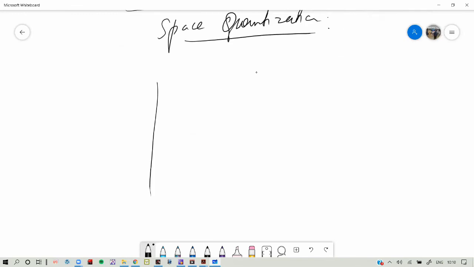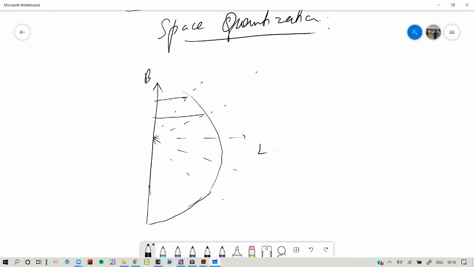For example, if this is the B and this is L here, we can have different values of L, like this. Then you find values like this. They're equidistant. We will study more about these when we study the Zeeman effect. It will be studied in detail there. This is just a review of where this ml originates.